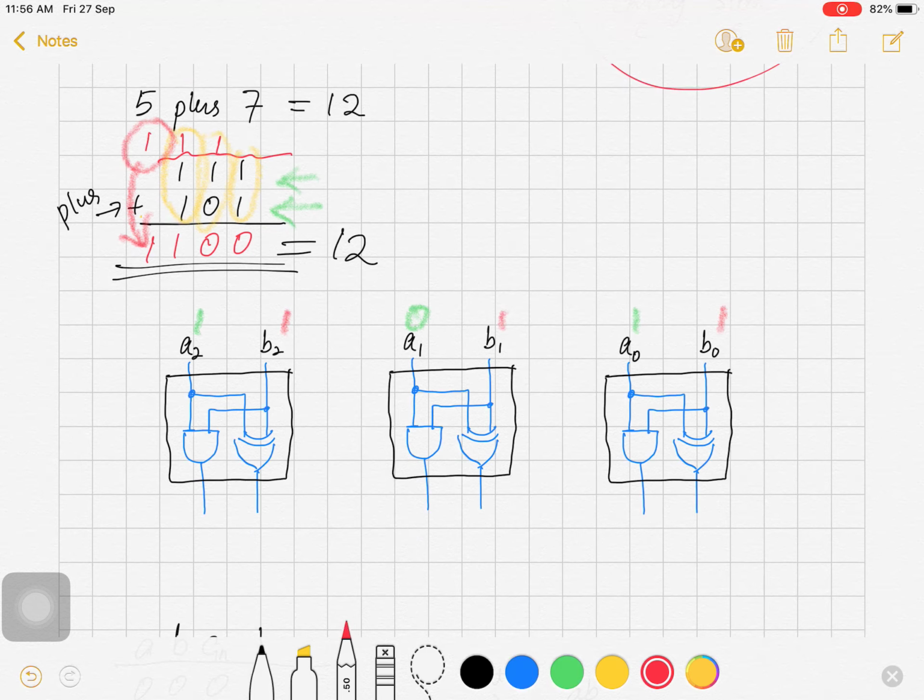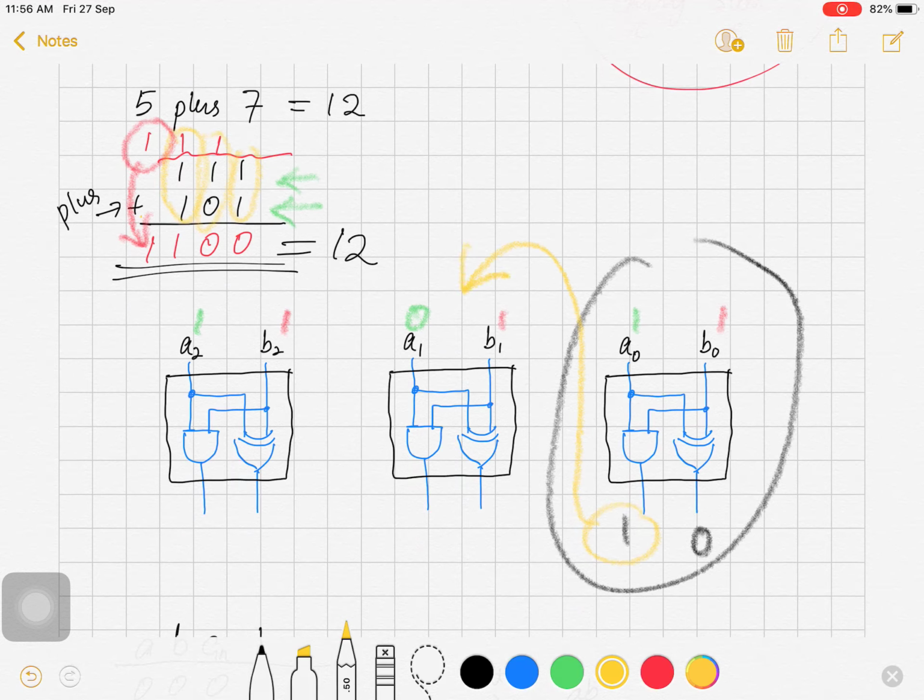Then the rightmost column produces 1 plus 1 equals 2. So the sum is 0, the carry is 1. So the carry out from this rightmost column needs to be fed to the next column to realize this algorithm.